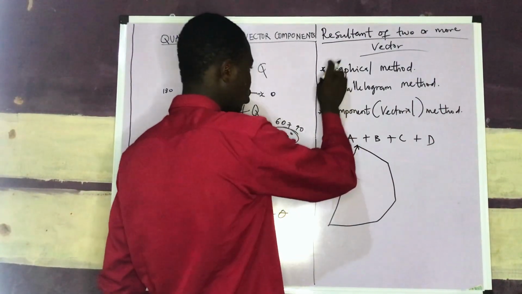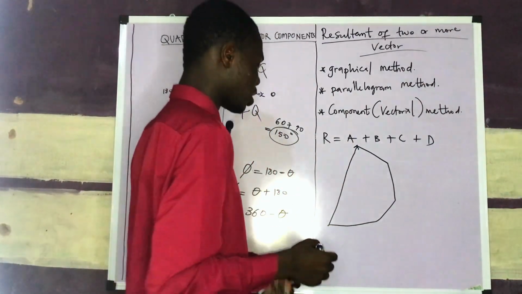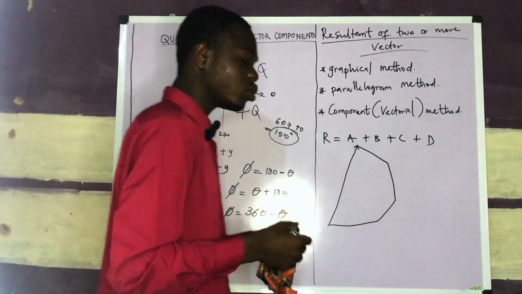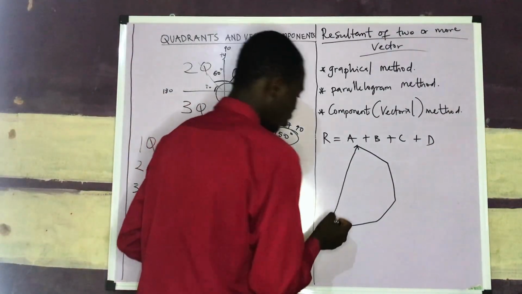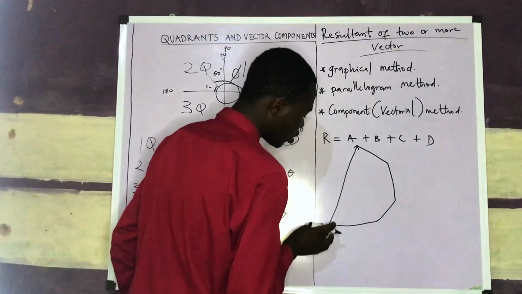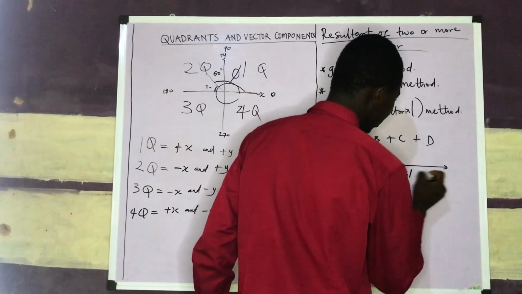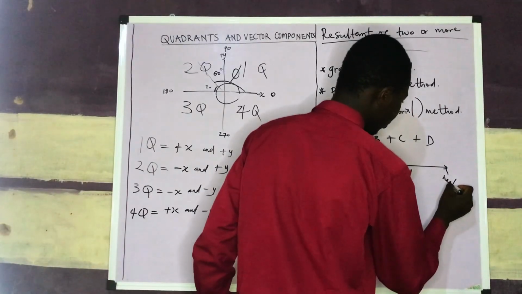So this graphical method requires the use of a graph. You use a graph to get your answer. So how would you know the resultant vector here? Let's say this is our starting point. We call this place the tail. This is our tail, and this is our head.